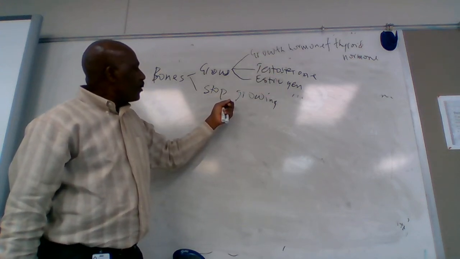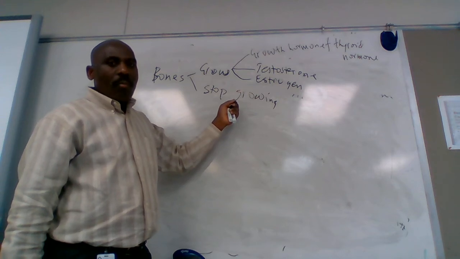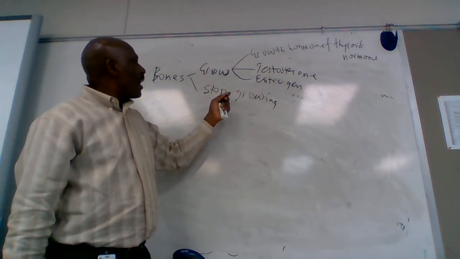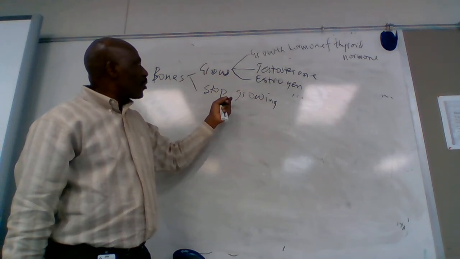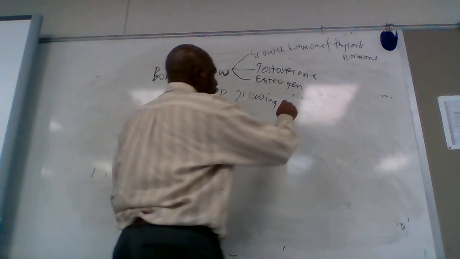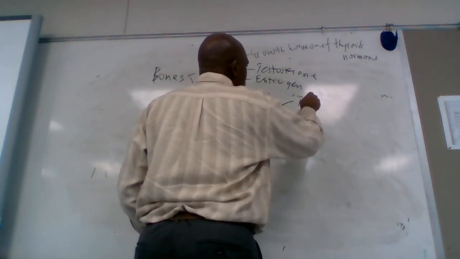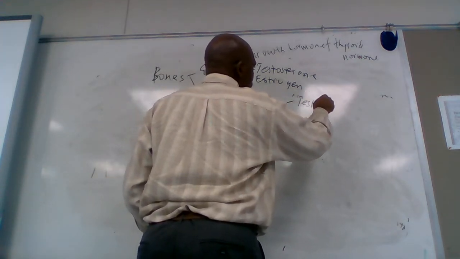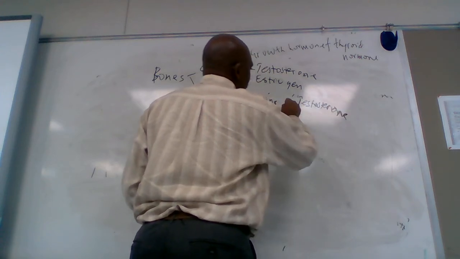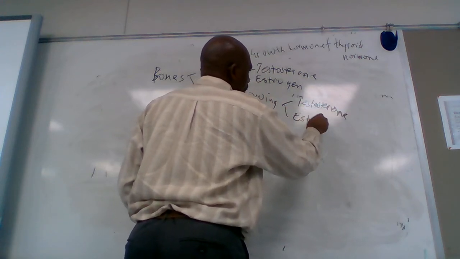Now, after age 18, we stop growing, we stop getting taller. So which hormones are associated with the stoppage of bone growth? Two main hormones: testosterone again, and estrogen.